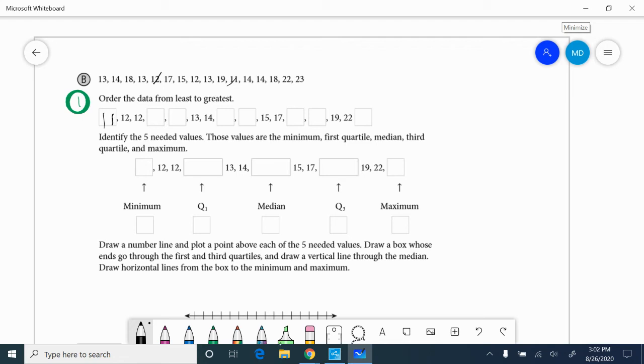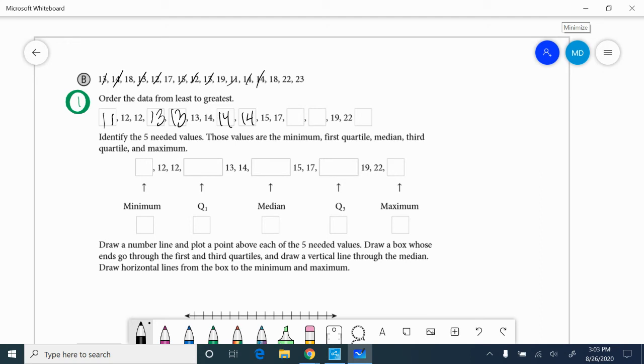We have two 12s, right? And then it looks like we have 13 as the next number. There's another 13 and another 13. And then we go to 14. And it looks like there's two more 14s.